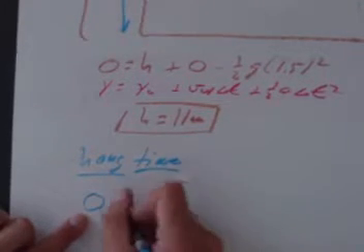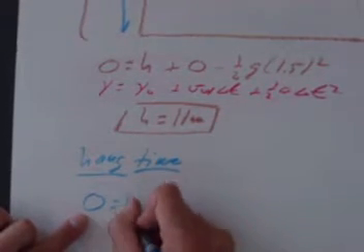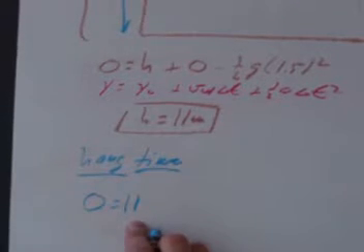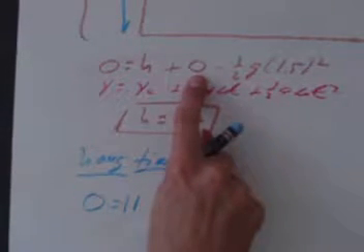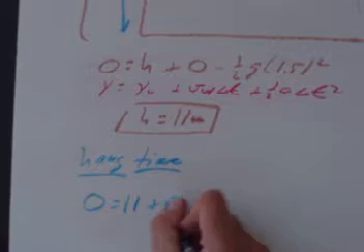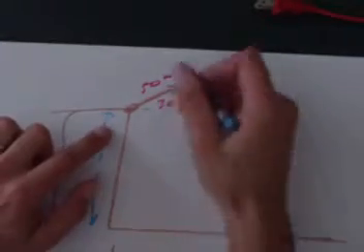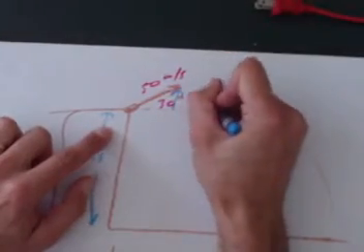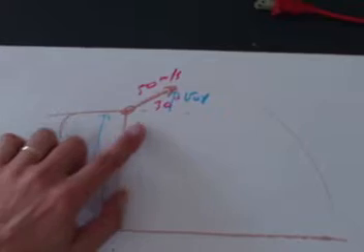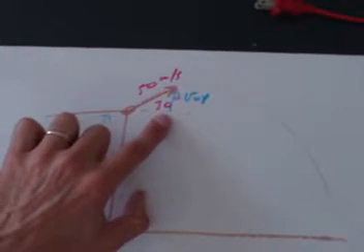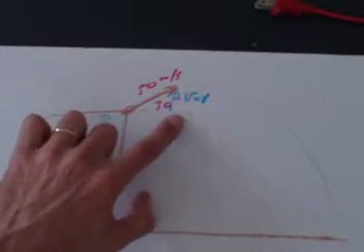Again, when the ball hits the ground, it would be at 0. It did start at a height h, which we now know is 11 meters, and it doesn't start with an initial y velocity of 0, but it has a y velocity of 50 times the sine of 30. Where I'm getting that from is if you go back up here and look at this triangle, this component is v0y. If I look carefully at the right triangle, it's the opposite side relative to this angle, so that's going to involve the sine function.